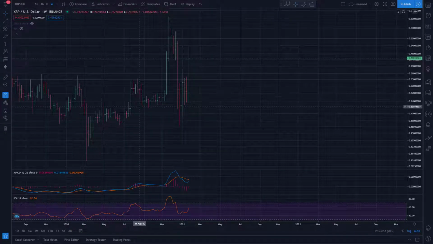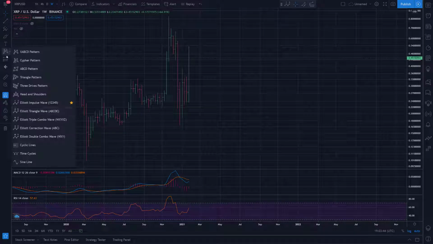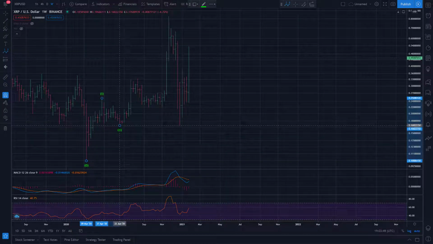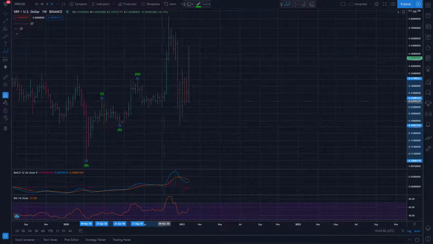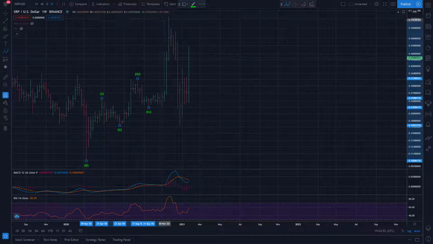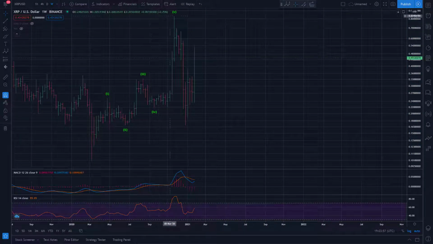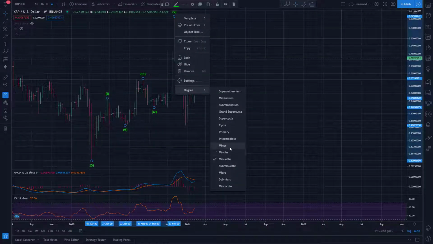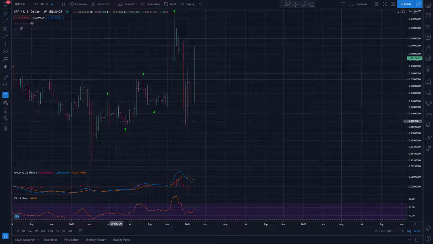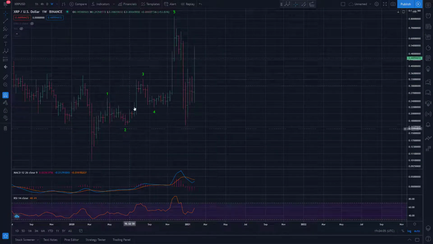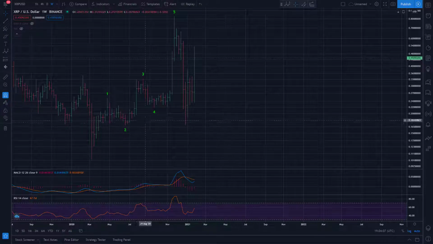So you do have 4-1 overlap. For instance, if we were to call this wave 1, wave 2, wave 3, wave 4, and then this was wave 5, it doesn't work until I make this adjustment. So you see we have overlap with wave 1 and 4. So for a typical impulse wave, that's a rule violation.